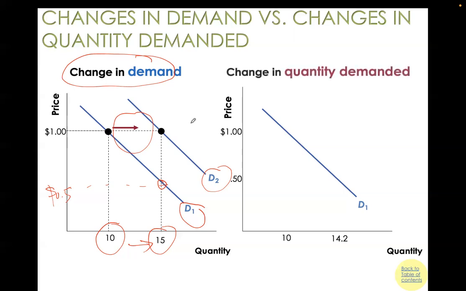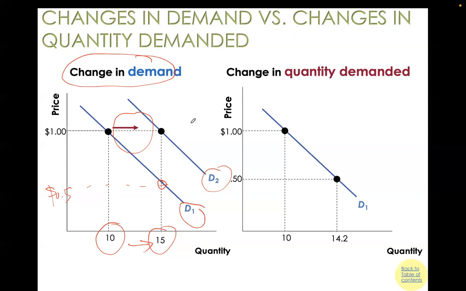Now, on the right-hand side of these slides, we see the change in quantity demanded. Meaning you keep the line, but you move along the line. What caused this move is just the signal you observe, which is the price. You only observe the change in price of the commodity or the good itself, nothing else.